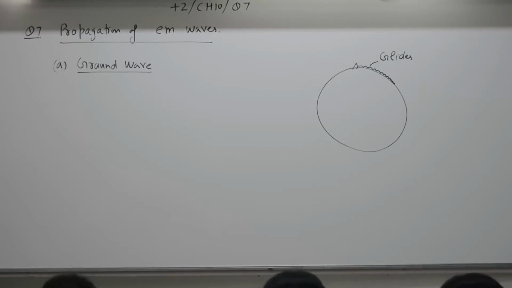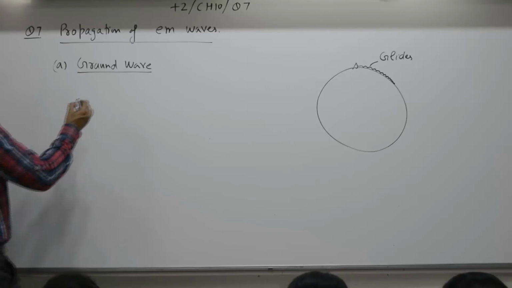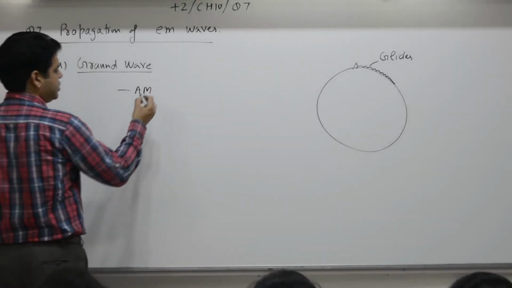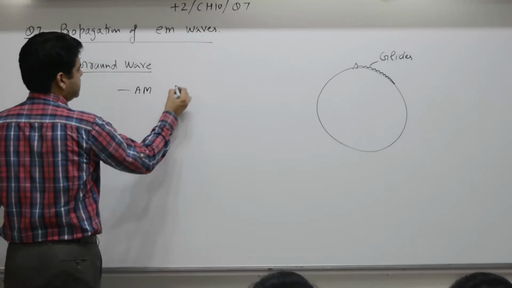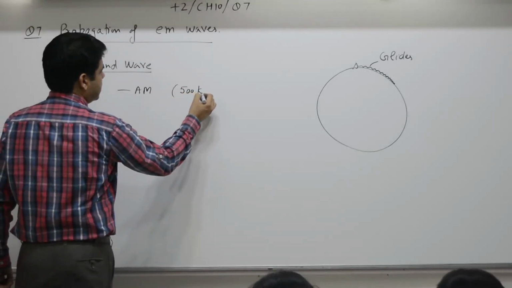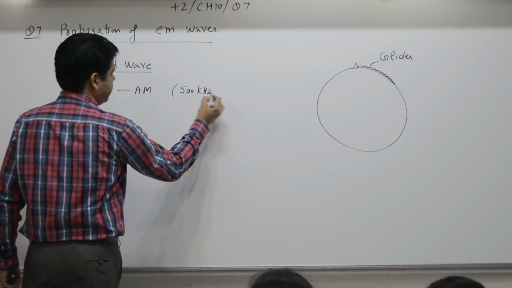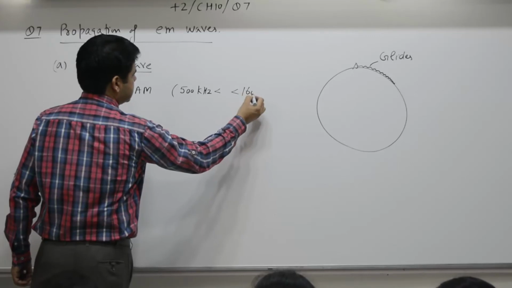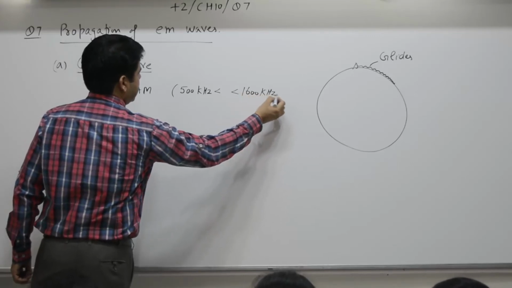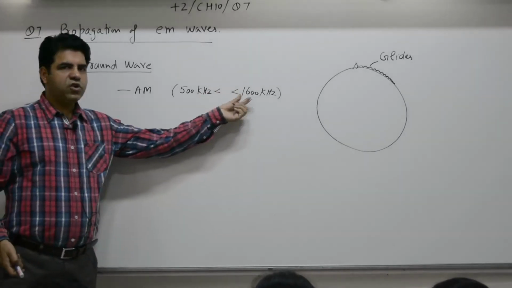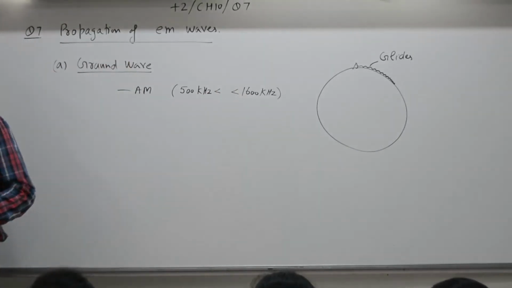The point to be noted here is that it is AM, that means amplitude modulation, where the frequency is say 500 kilohertz, even if it is 540, nothing to worry about, to say 1600 kilohertz approximately. Whether it is 540 or 1640, that makes no difference.